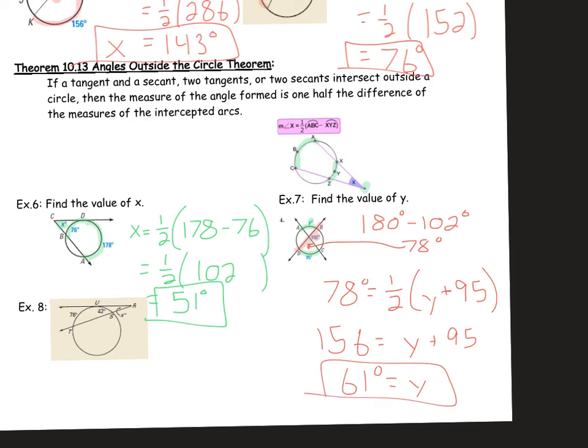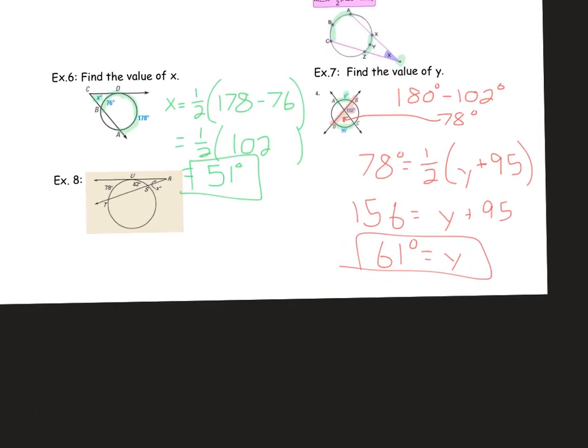All right, this last example here, move down just a little bit more. Now we are intersecting outside the circle. Okay, so we're intersecting out here. So we are going to find half of the difference of these 2 arcs that are formed. So to find x here, I want half of the difference of my 2 arcs, 78 minus 42.